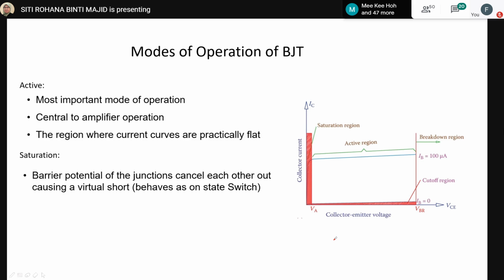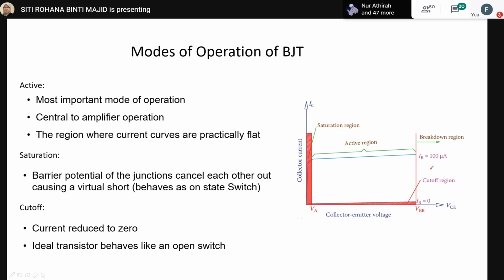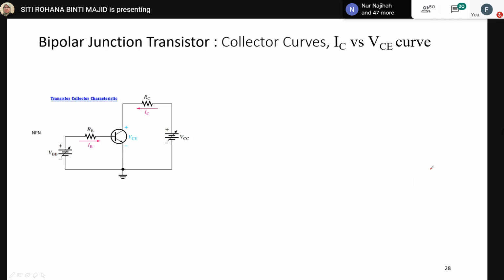Normally the active region is almost flat. Lastly is the breakdown region, when the BJT is not functioning well. And then the cutoff region, where the current is reduced to 0, and it behaves like an open switch.